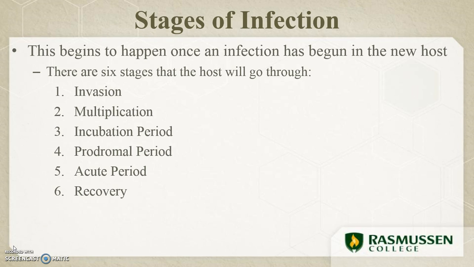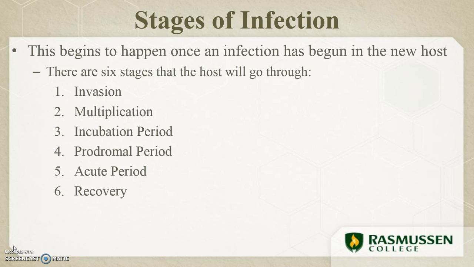Second is multiplication, so the pathogen gets in and starts reproducing itself. Third is your incubation period, and this may vary from several days to several months or even several years. During this time, the disease is developing, but no symptoms will appear. So you can have this pathogen, you can be sick, but we'll never know it yet.